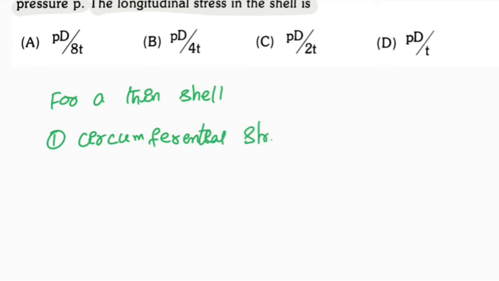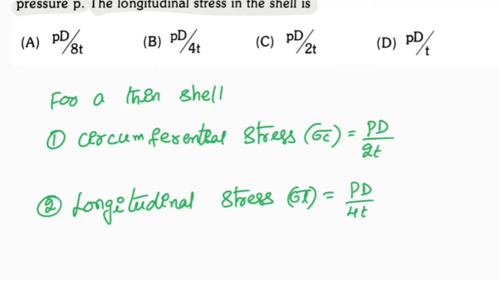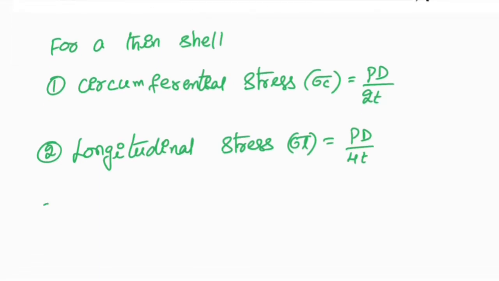The circumferential stress, also called hoop stress, is equal to PD by 2T. The second one is longitudinal stress, sigma L equal to PD by 4T.